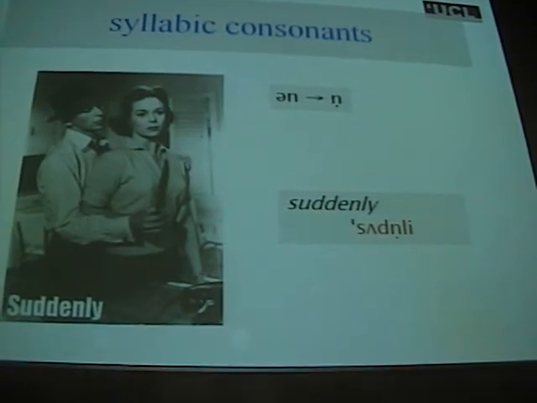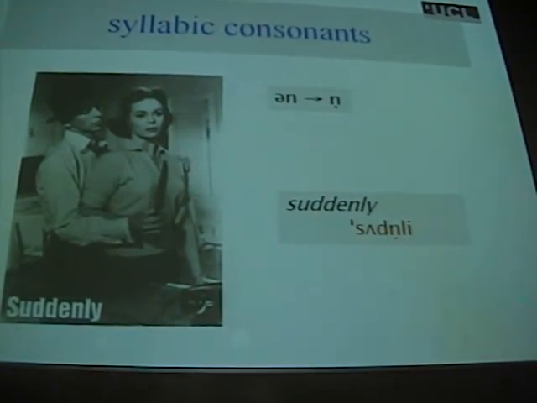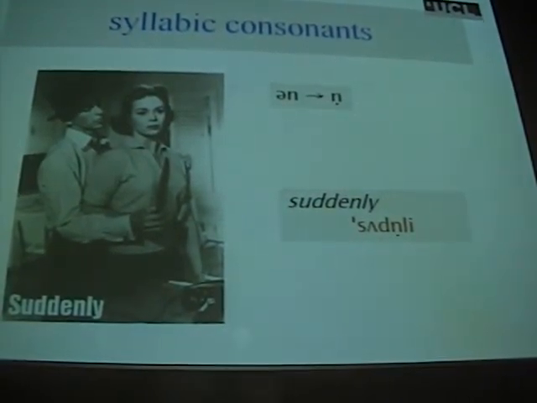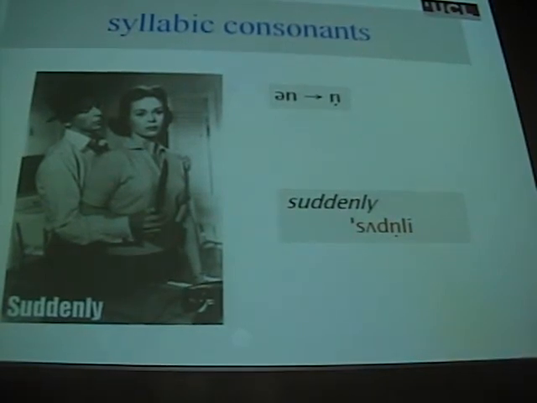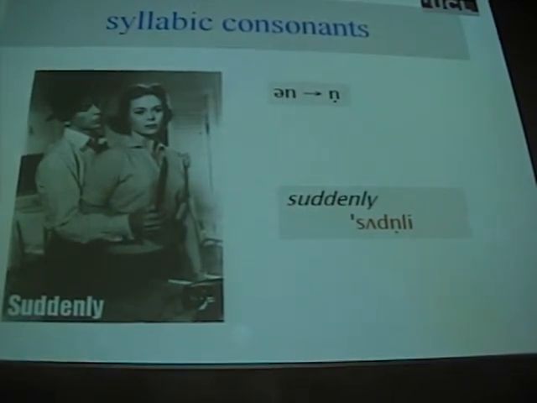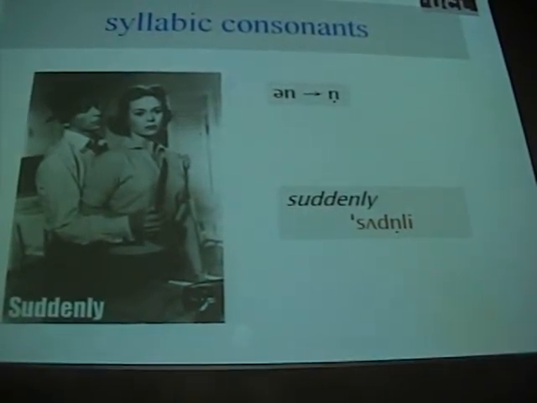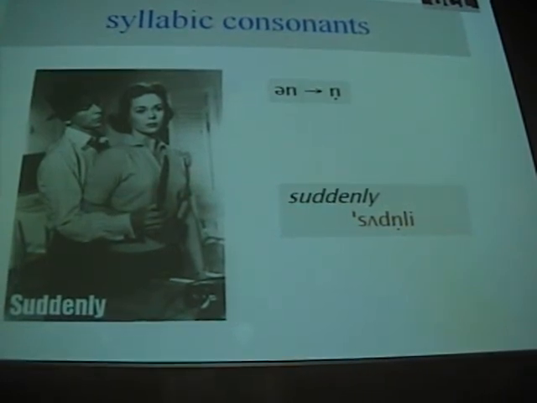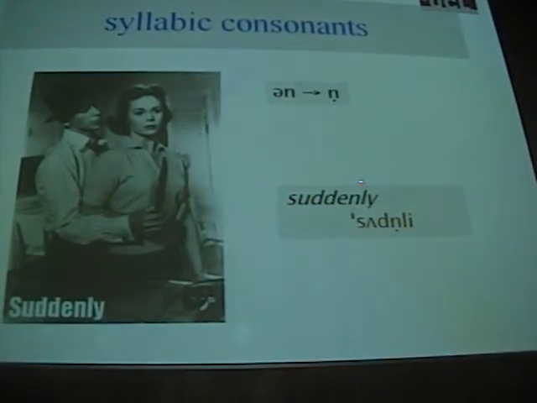It has to have 3 syllables, suddenly. But it doesn't need an actual vowel between the D and the N. You could say suddenly, but mostly we don't. Mostly we say suddenly, with what's called nasal release between the D and the N.